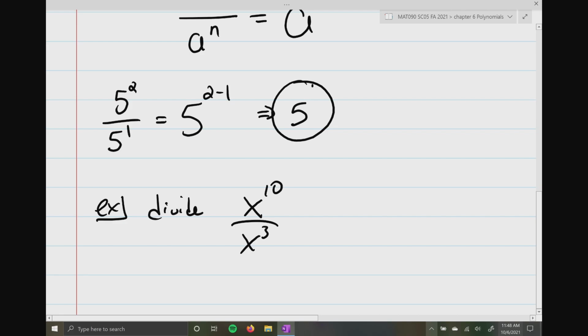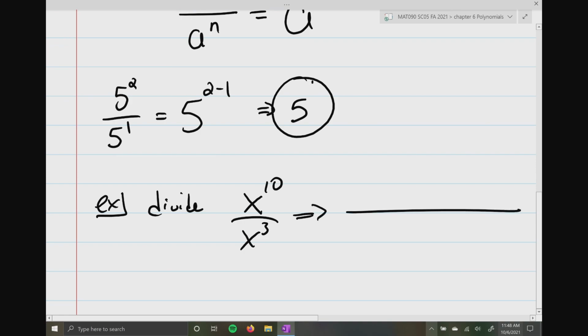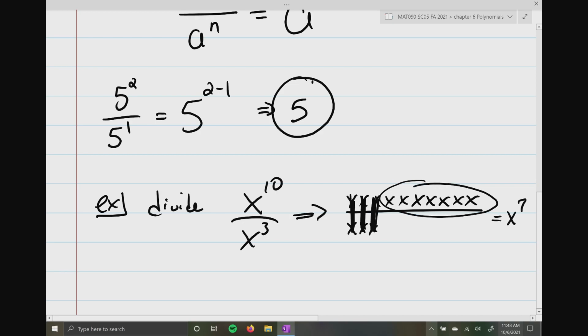So in this situation, before you walked into this class, and before I told you about the quotient rule, the only way you could have done this problem is like this. 1, 2, 3, 4, 5, 6, 7, 8, 9, 10. You would have had to write 10 x's in a numerator, and then 3 x's in a denominator, and then you would reduce 3 x's and count how many were left over. That's the only way you could have done this problem.